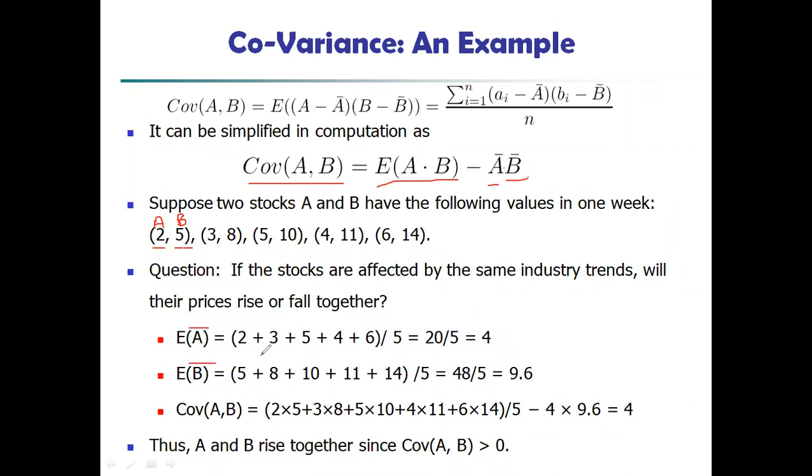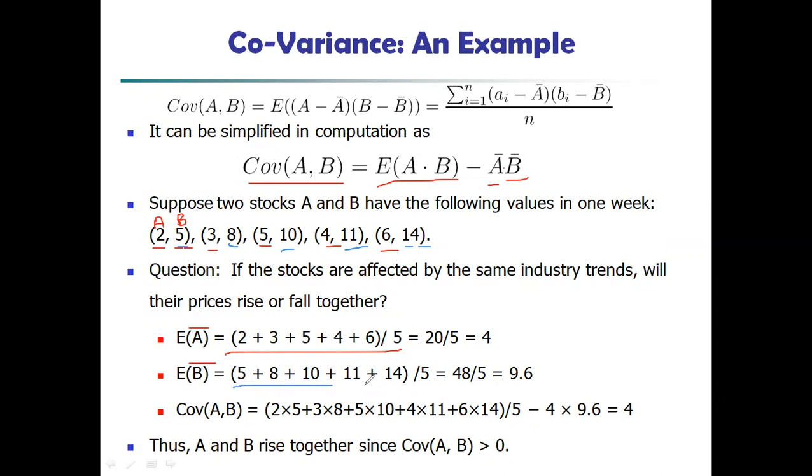How are you going to calculate the mean value of a? 2 plus 3 plus 5 plus 4 plus 6. How many values are there here? Completely 5. So this is the calculation of the mean value for a. And what is the second one? You should calculate the mean value of b. Mean value of b in the sense 5 plus 8, 10, 11, 14.